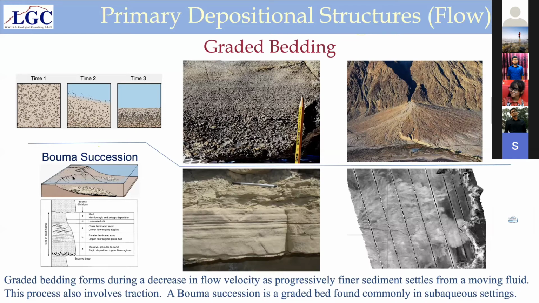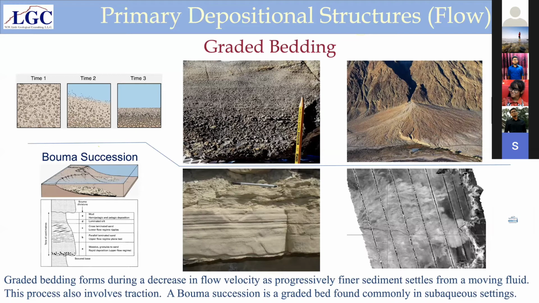We've got a diagram here on the left, and down at the bottom, a Bouma succession, if it's complete, will have an erosional base. And then the first deposit, you can see that flow regime characteristic through here. That first deposit is going to be a structureless sand. That structureless sand represents deposition very rapidly under high energy conditions.